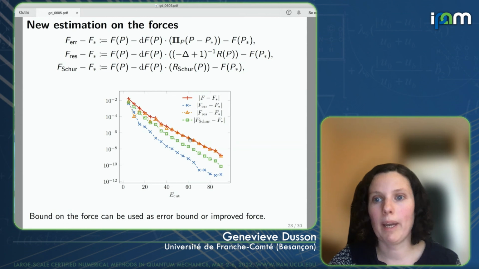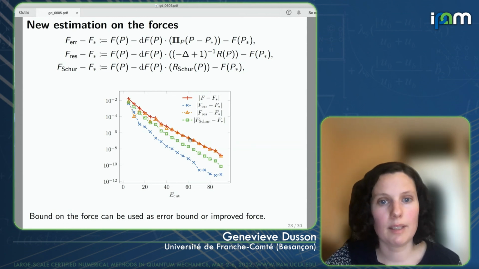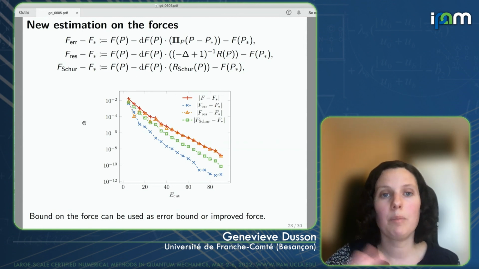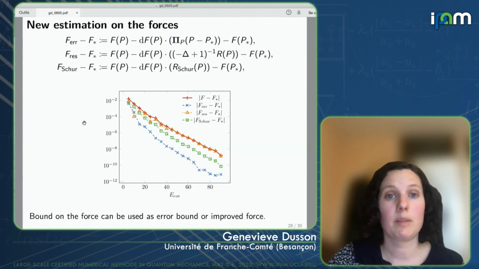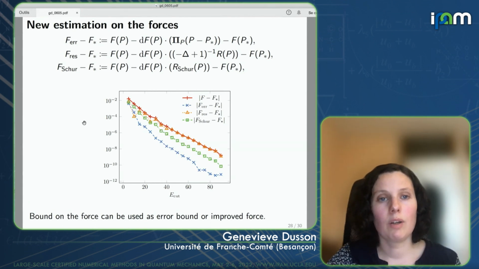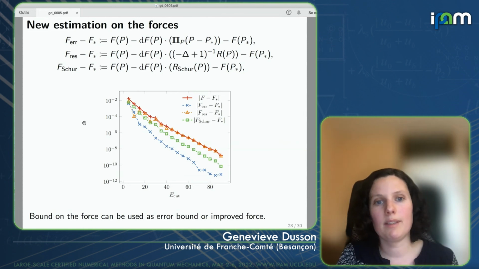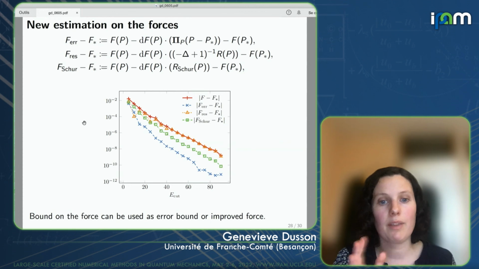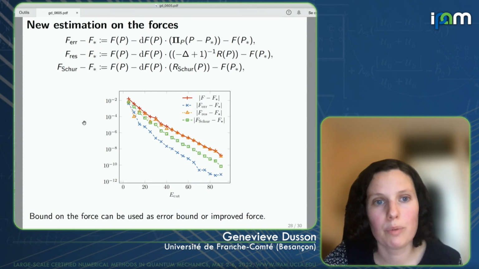So this gives us, as we saw before, that the error is well approximated by this quantity. But this is also a bound that can be used as an improved approximation for the force. And there are often these two possibilities for using a post-processing, either as an error bound or as an improved quantity.